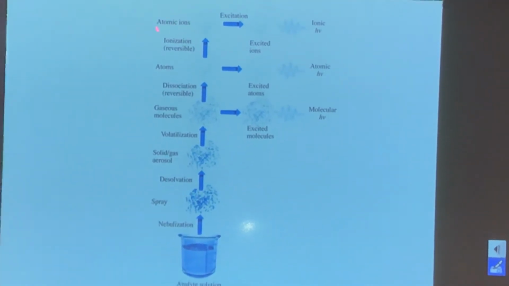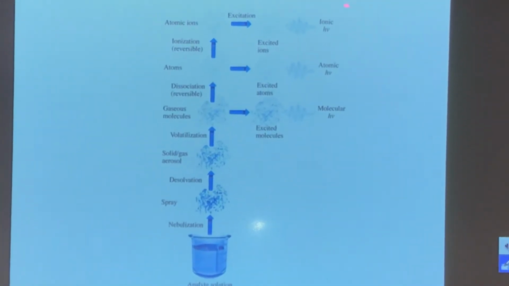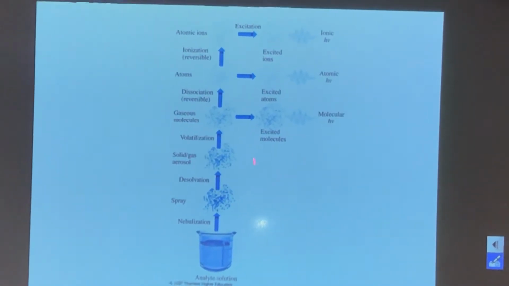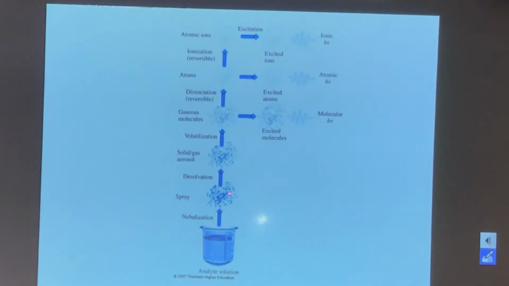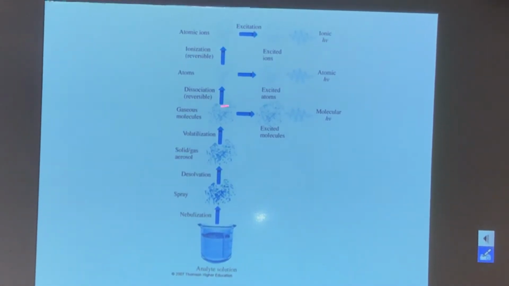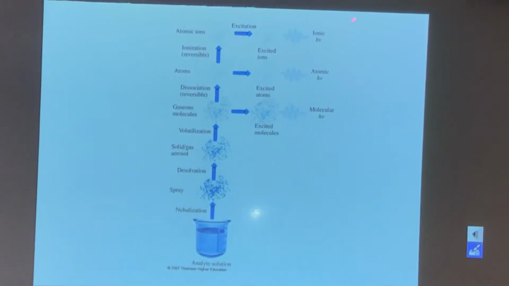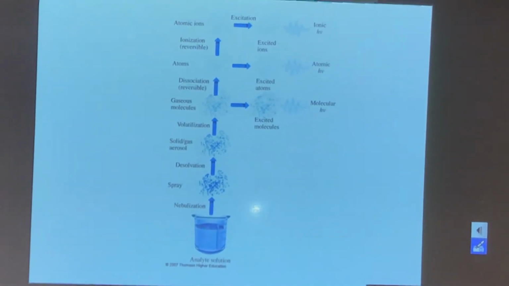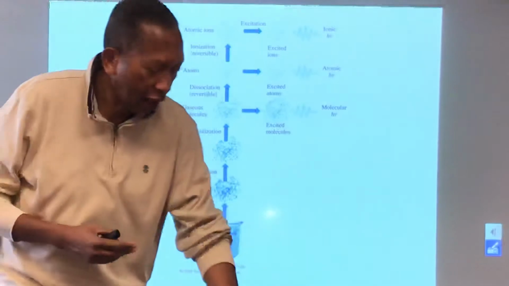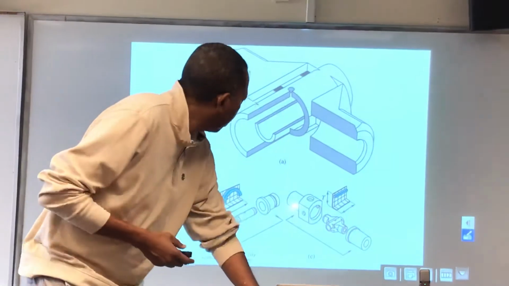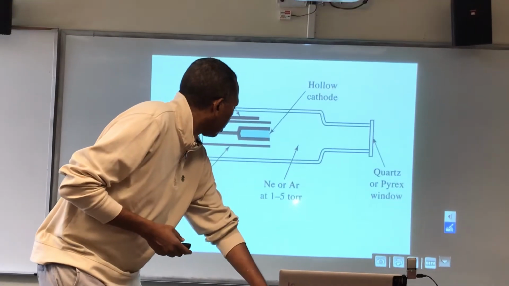Or we can go to atomic ions here, and we get some kind of ionic system, right? So we don't want these other processes to occur, actually. We want atomic spectroscopy. So if you keep this in mind, then everything else that we do afterwards is kind of driven by that. We come to these later on.